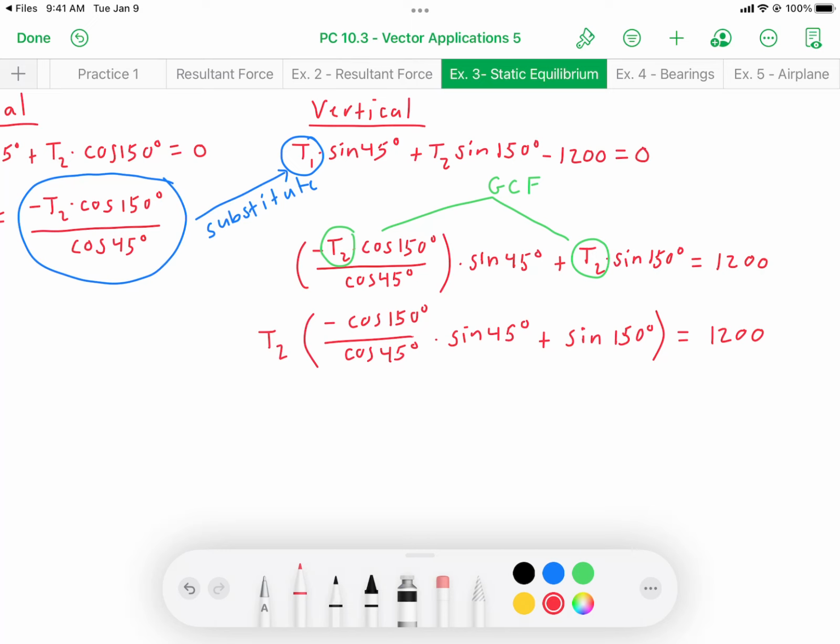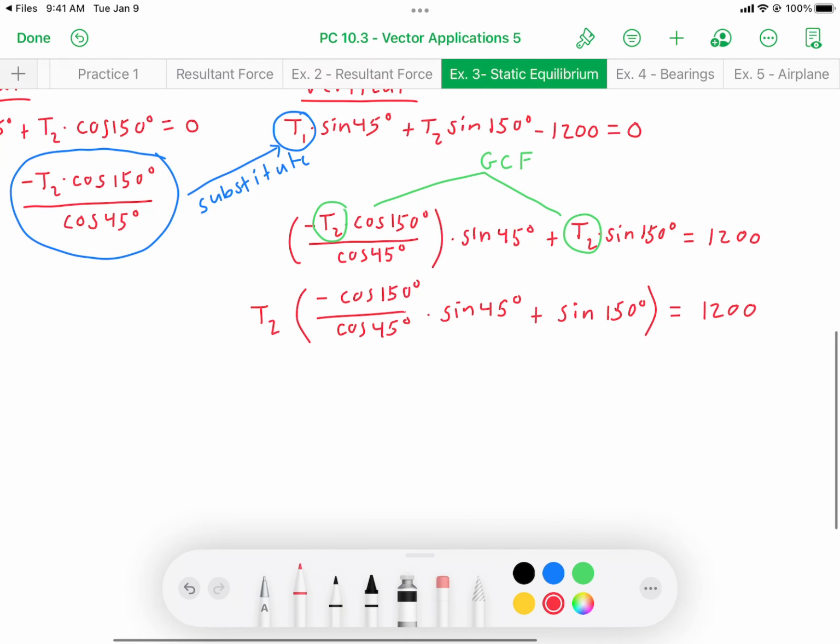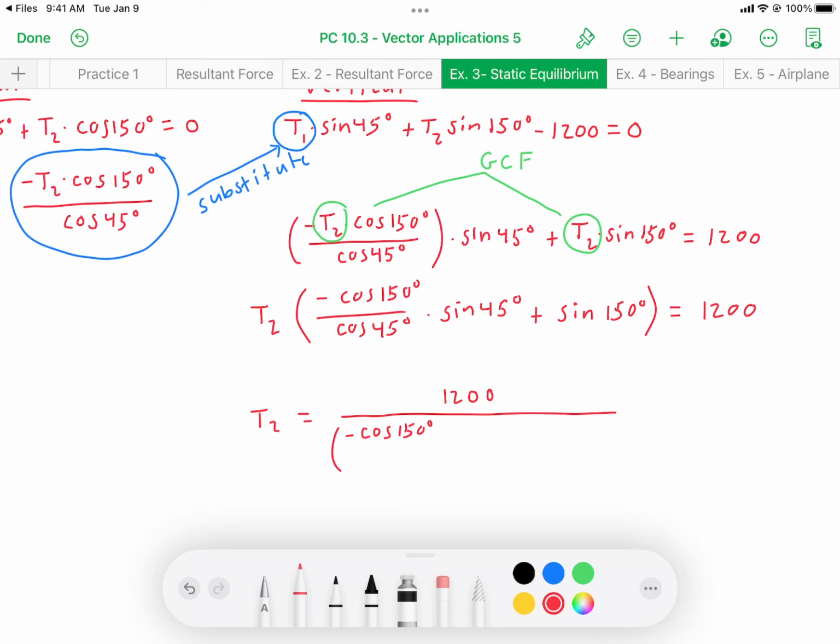And now, to solve for T sub 2, I simply divide over that large set of parentheses. And from here, it's just calculator work.